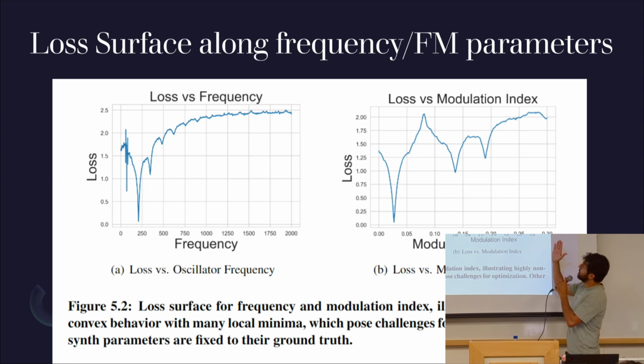And now we start from somewhere, and we want to get to this global minimum. But we see that the gradient, a lot of the time, takes us to some local minima that just doesn't work. By the way, other attributes, like ADSR envelopes, did behave very nicely in terms of convexity. I mean, it's like a bowl shape that makes them work. But here, we see that there is a problem to actually detect the frequency or modulation index.